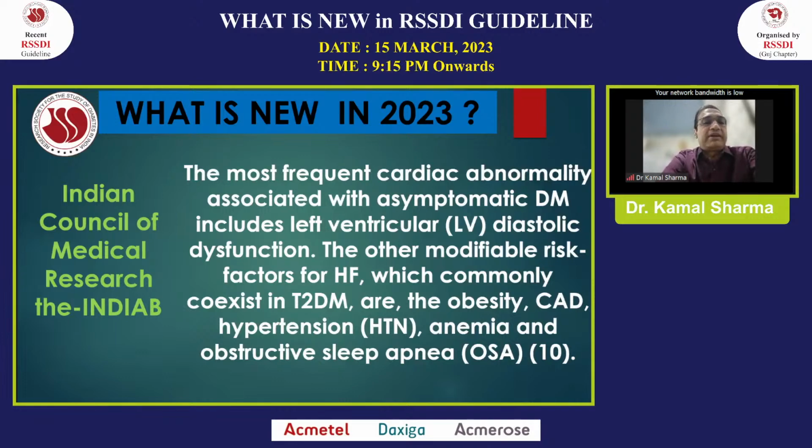The latter two are very under-evaluated and often missed in management of heart failure as well as in patients who have diabetes. So in a patient with diabetes, you should always look at and aggressively suspect the presence of underlying comorbidities and risk factors, which should include evaluation for anemia and obstructive sleep apnea.